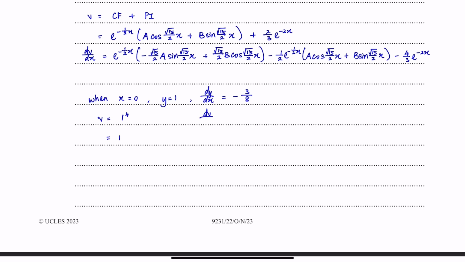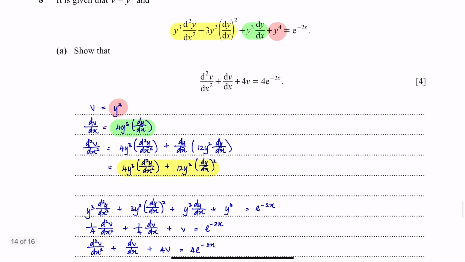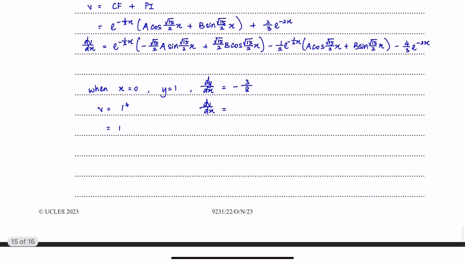And dv/dx is 4y cubed times dy/dx. So 4 times 1 cubed times negative 3/8, and this would be negative 3/2.